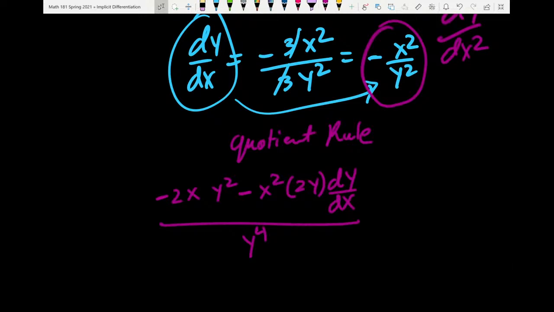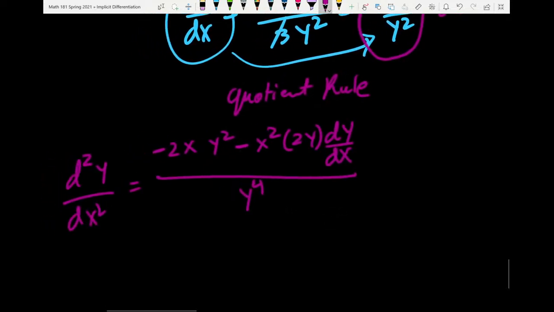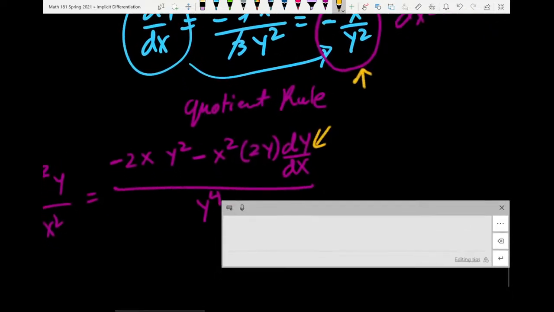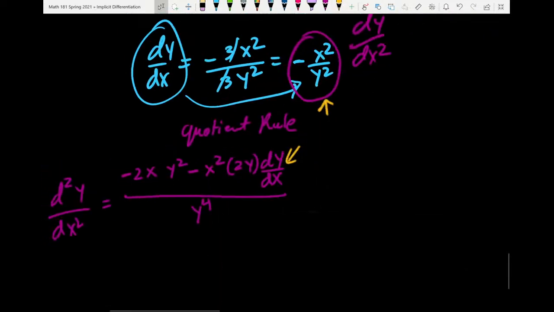And that is your d squared y over dx squared. Now, we have some issue. The issue is this right over here, and we have a fraction within a fraction. But we know what dy/dx is, right over there. So let me just substitute all that information in.